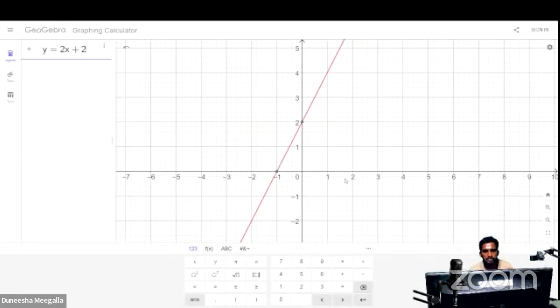Did you see the equation in the graph? So what happens here? This is 2x plus 2, and the graph comes like this. Did you get it this way? If you can, send me the photo of your graph to the WhatsApp or to the Zoom chat box.